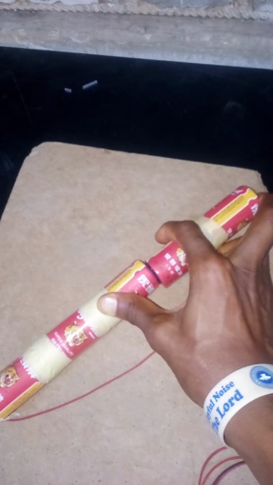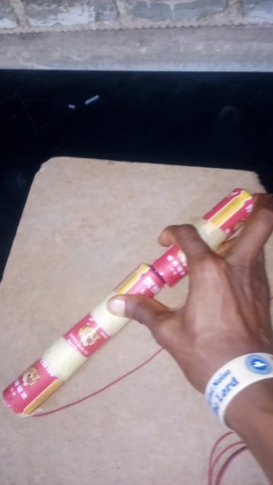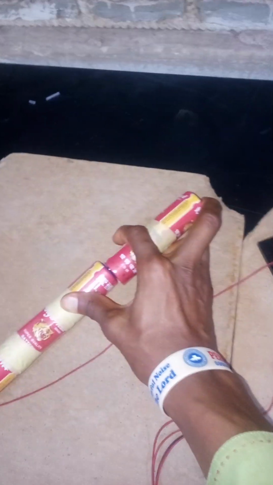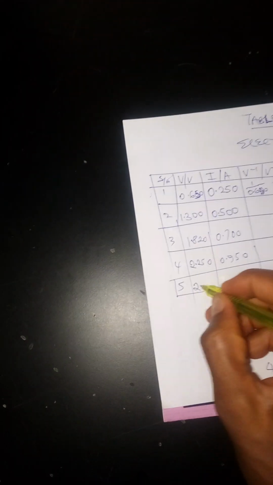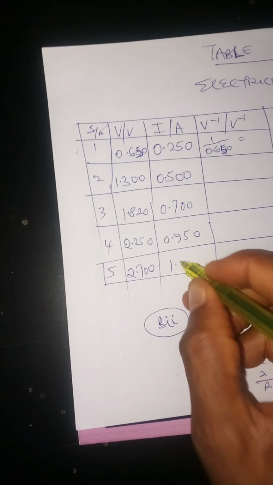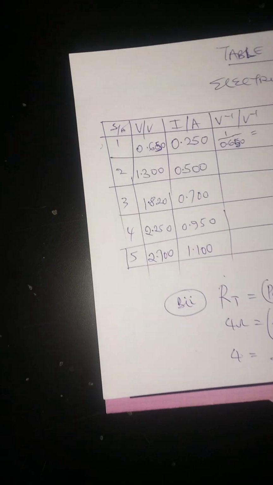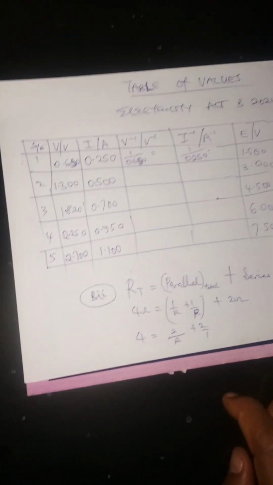That is the last with a cell of 5. That is 1.5 volt times 5, 7.5 volts. So cell of EMF 7.5. So we have our reading 1.1 and 2.7. 2.7 for the voltmeter, 1.1 for the ammeter.